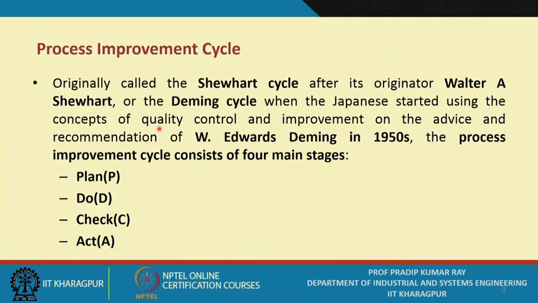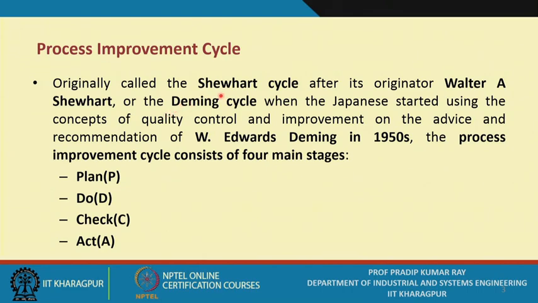Okay, so let us first discuss the process improvement cycle. Now, this particular cycle originally was called the Shewhart cycle because Walter A. Shewhart is considered to be one of the quality gurus.